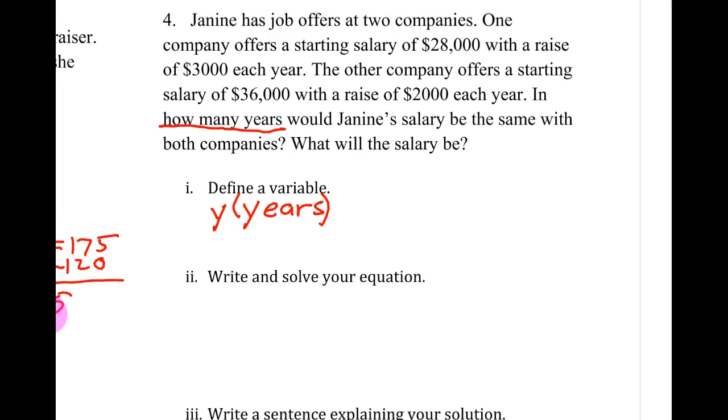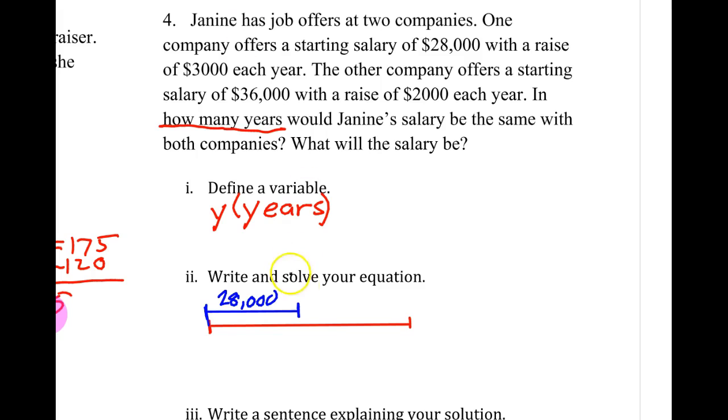All right. Now, we got 28,000. Okay, let's write this out. So we want to know when these things are equal, right? So one company is going to pay, starting off, $28,000.